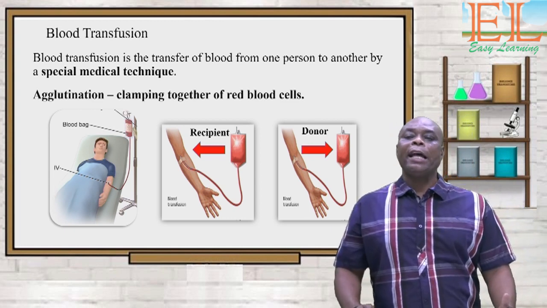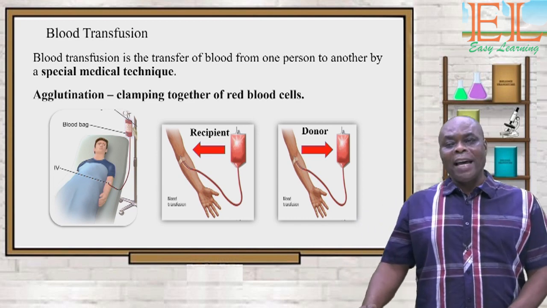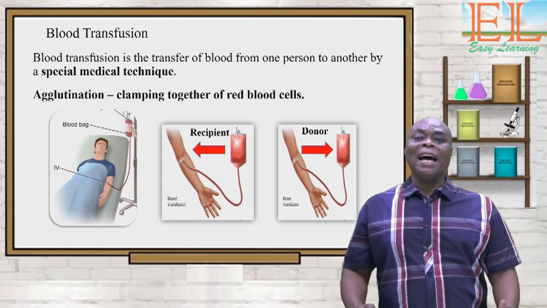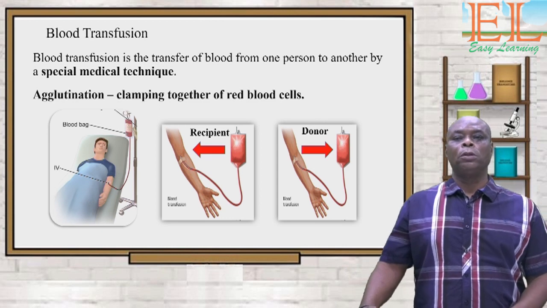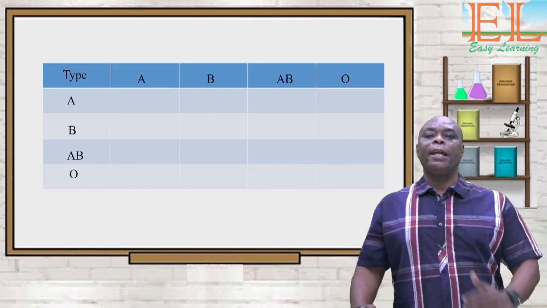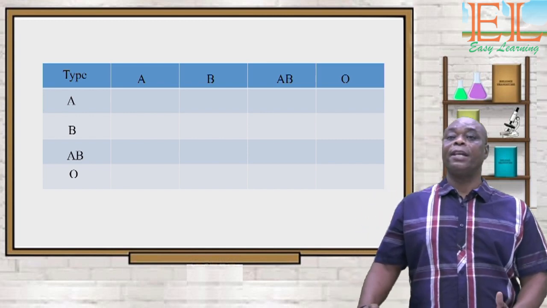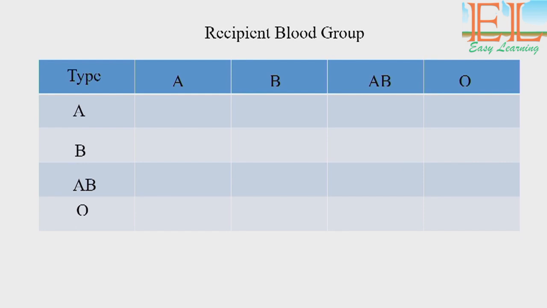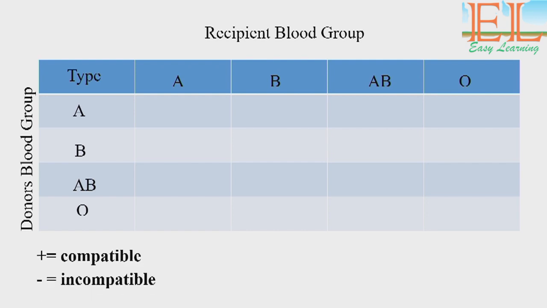Now let's see the compatibility between blood groups in humans when it comes to blood transfusion. We have the table on your screen, and the top part represents the recipient's blood groups, whilst the side represents the donor's blood groups. Let's take plus as compatibility and minus as incompatibility, that is, two persons that cannot donate to each other.